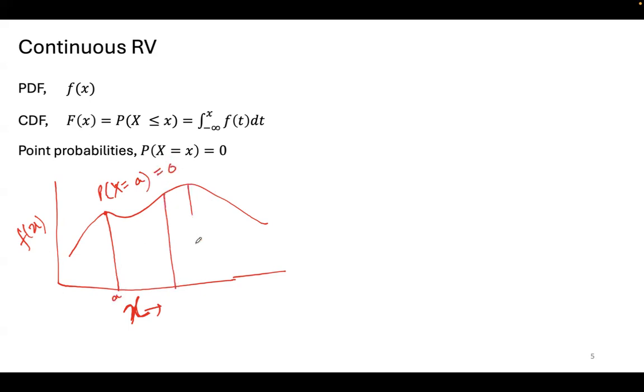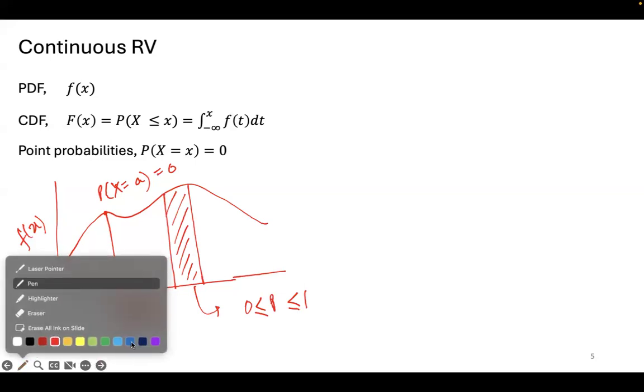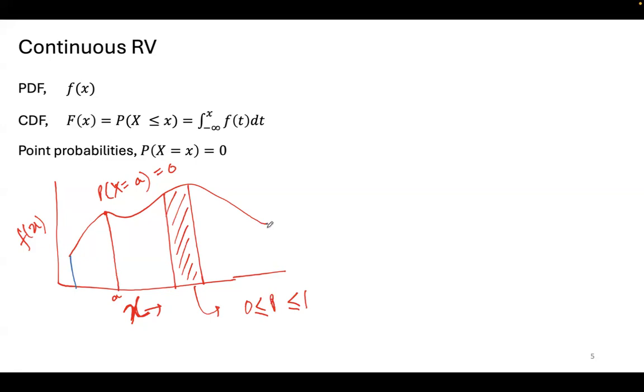But you can have some probability for this interval, so this value would lie somewhere between 0 and 1. And obviously the total probability, the entire space, is going to be 1, because that's the total thing. So it's area under the curve that we are interested in today. The total area under the curve is going to be 1.